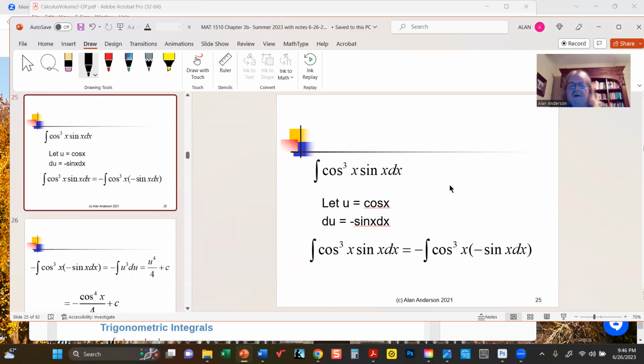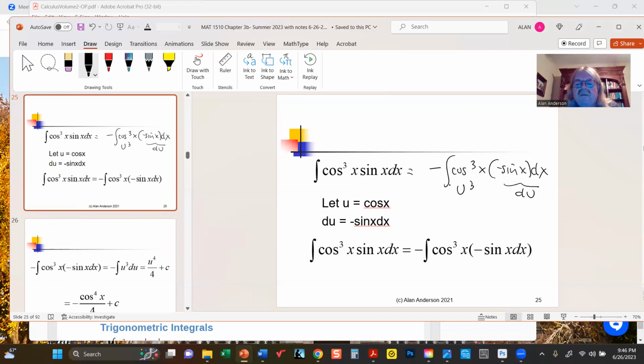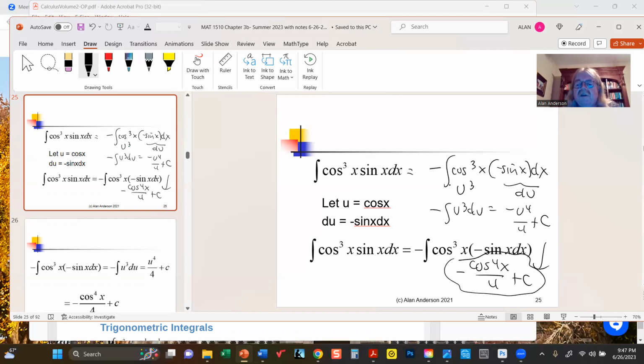So what do we actually have here? Well, first we have to supply the negative ourselves. And so we've got u cubed, and this is du. And so that's going to leave us with negative cosine to the fourth of x over 4 plus c. It's very straightforward.